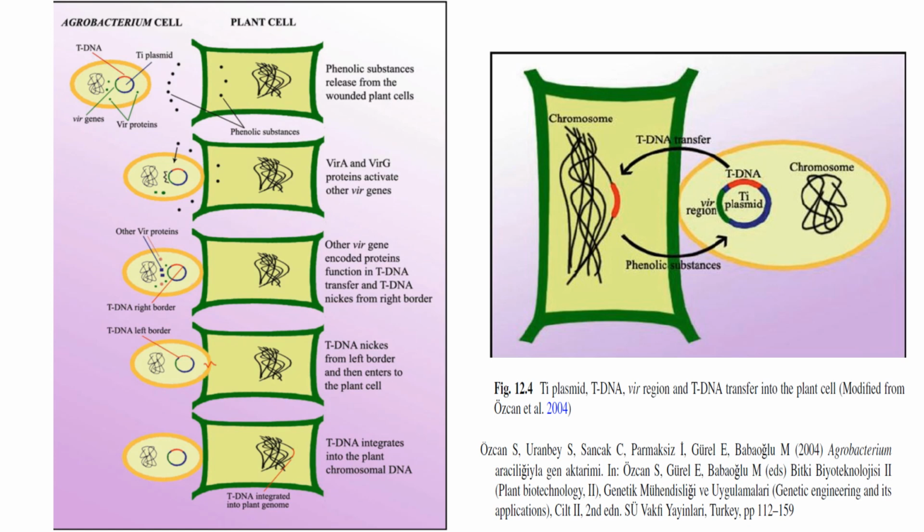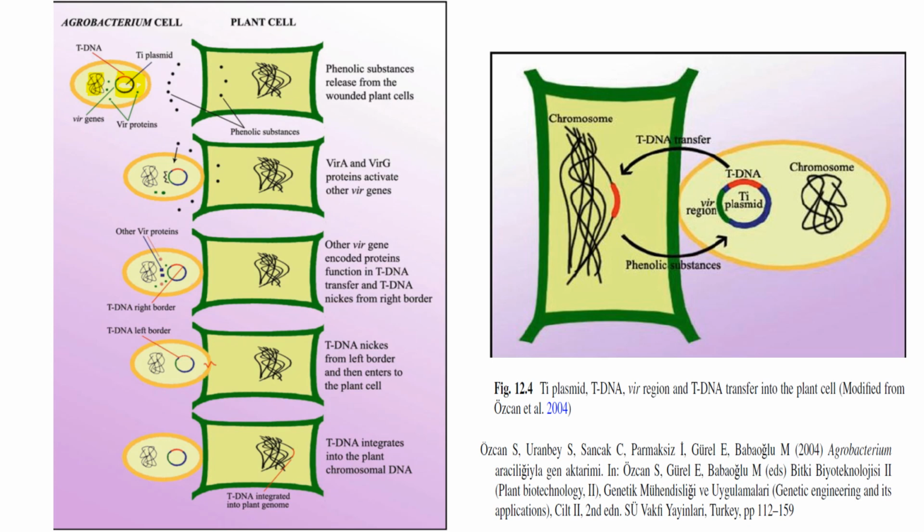Now let's have a look at how agrobacterium infects the plant. Here we see agrobacterium containing a Ti plasmid. This one is the agrobacterium's own genomic DNA. The Ti plasmid contains the vir genes, and it contains a portion known as tDNA.